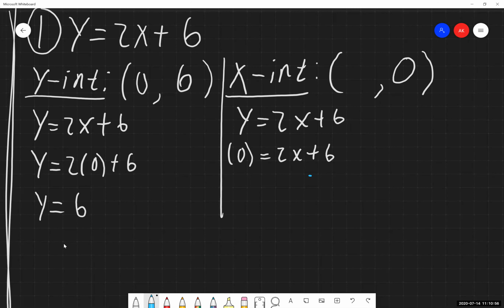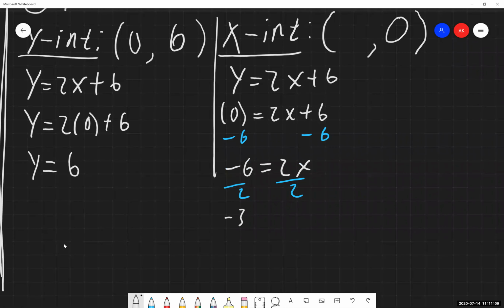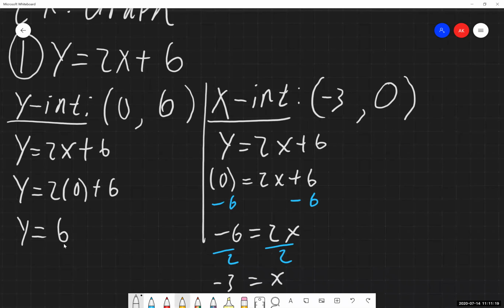I'm going to subtract 6 from both sides, getting negative 6 is equal to 2x. Divide both sides by 2. I'm getting that x is equal to negative 3. So my x-intercept is negative 3. So now I have my 2 points.